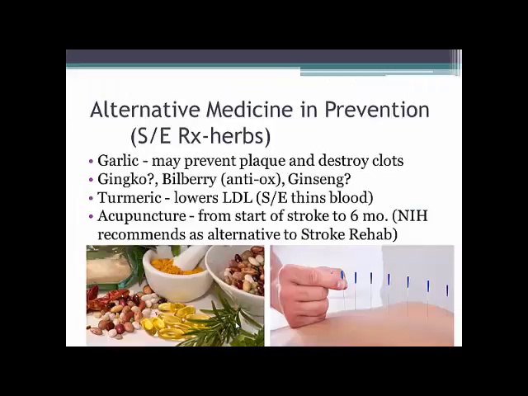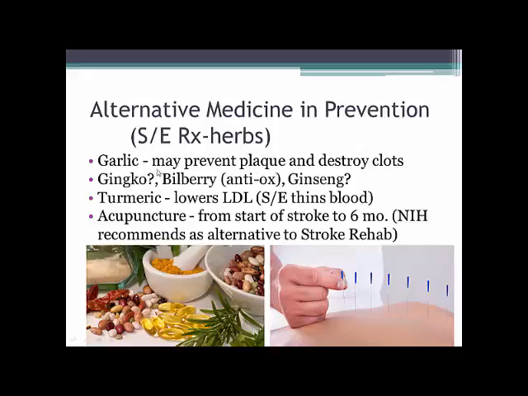So what alternative medicine is available for prevention of stroke? One side note I would like to mention first is that a lot of these herbs actually have interactions with certain medications. So it's very important to understand which ones have that interaction, so that you're not countering certain medications that you're taking on a regular basis.